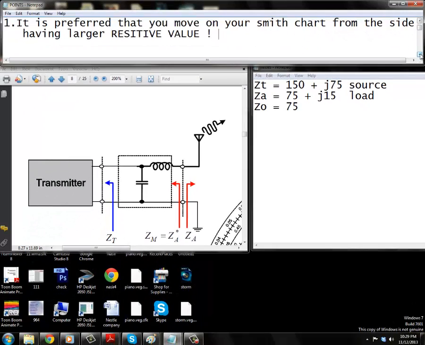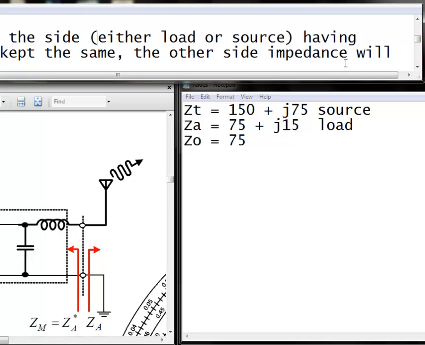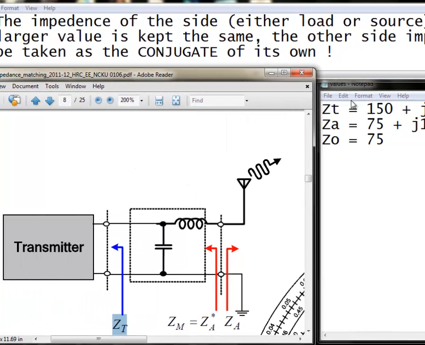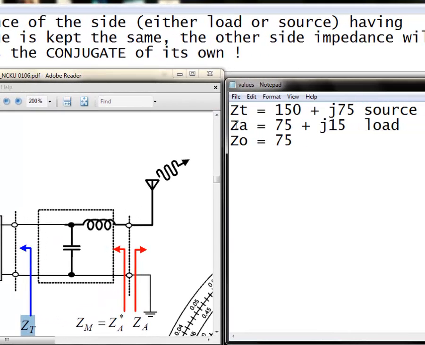What is the second point that we should keep in mind? The impedance of the side, either the load or source, having the larger value is kept the same. The other side's impedance will be taken as a conjugate of its own. Over here in our circuit, ZT is the larger side, so this impedance will be kept the same, but the impedance of ZA, which is the load side, will be altered, so it will be taken as a conjugate of its own.